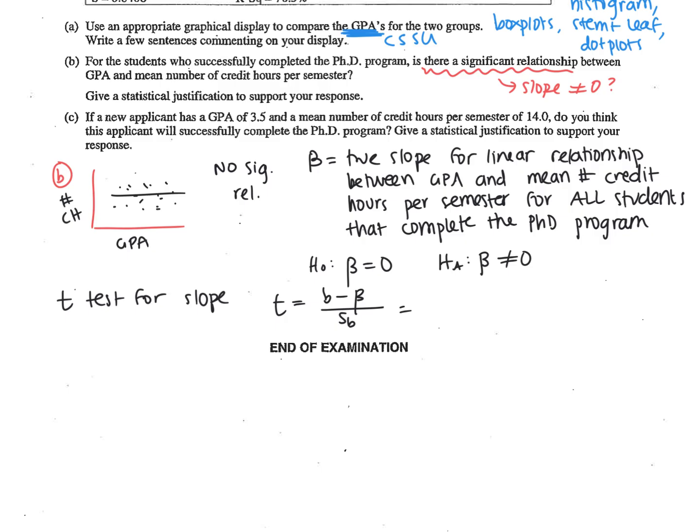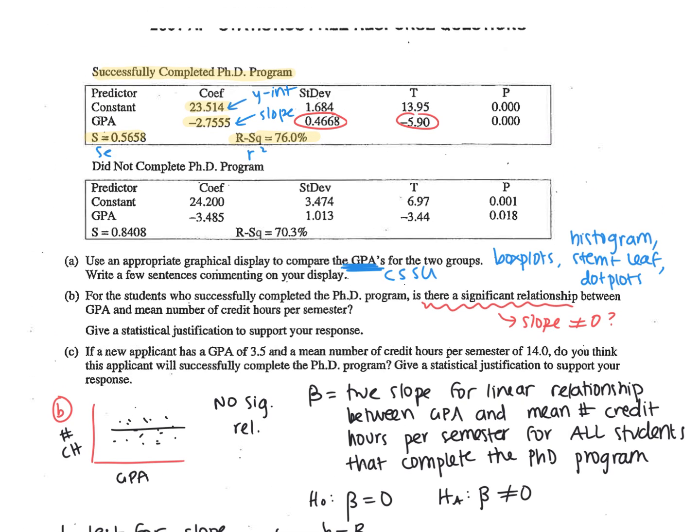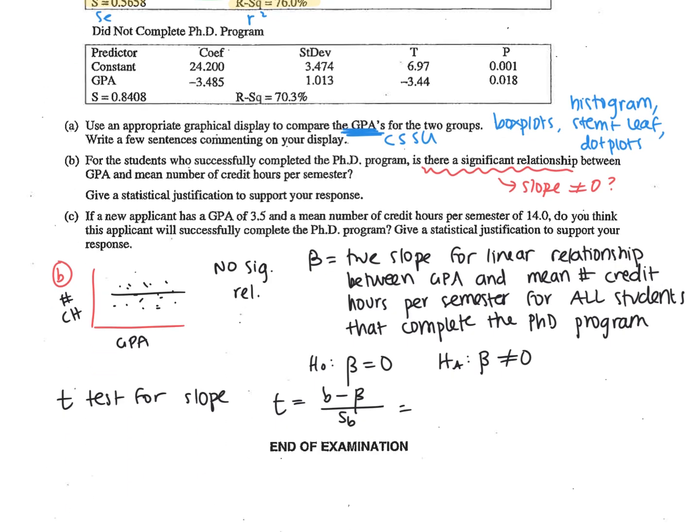Okay, so if we go up to our output, this is the line that you're looking for. We have our slope here, and this is that standard deviation or standard error. So those are the two numbers that you would use.